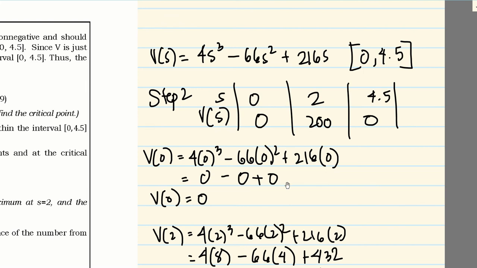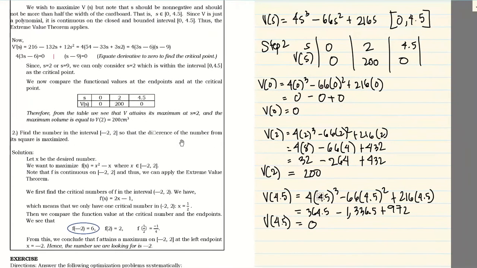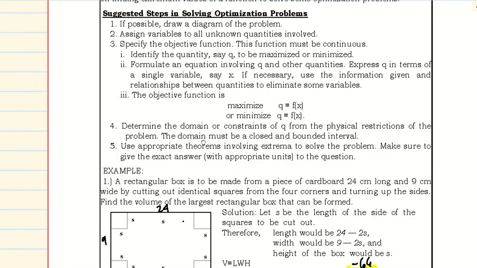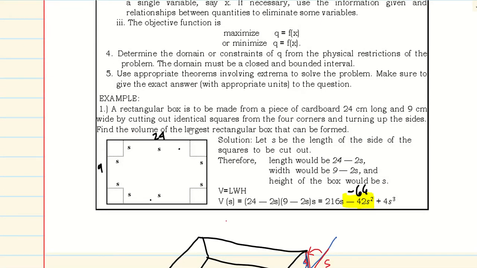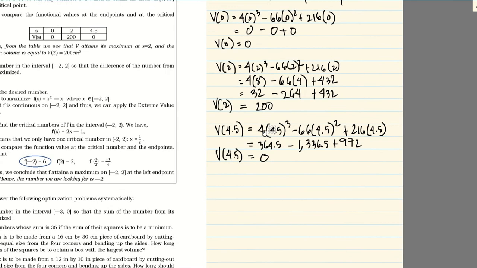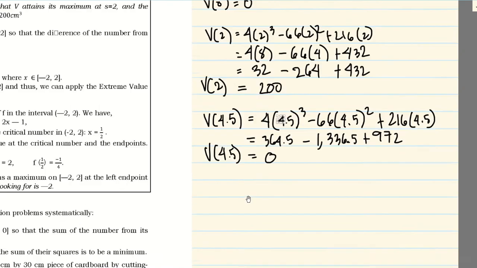Now we can say that, what did she need? Find the volume of the largest rectangle box that can be formed. So the largest rectangle box, I mean the value of a side.